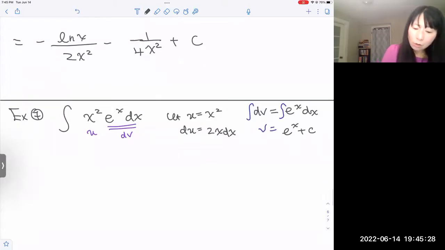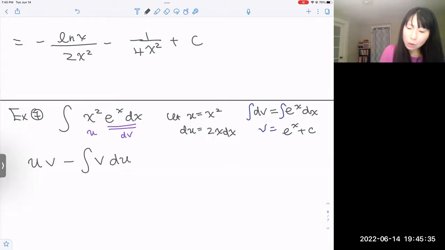All right, so we have uv minus the integral of v du. So u, which is x squared, v, which is e to the x, minus integral of v, which is e to the x, du, which is 2x dx.